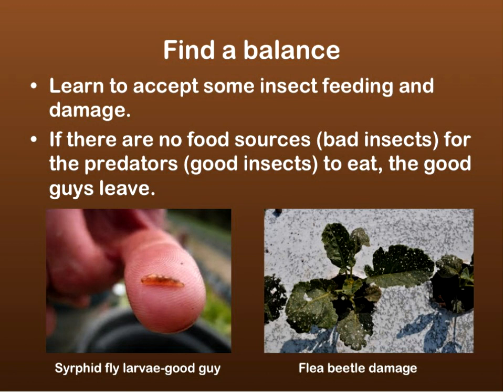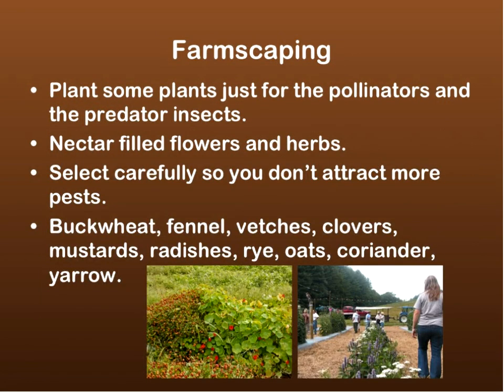So we need to have a balance of the good and the bad guys out there. And that takes a little getting used to, learning how much damage you can sustain without damaging your crop. Flea beetles on some crops, on some of my brassicas, I can handle it. With eggplants, I now know that I have to use a row cover or they'll do so much damage that I lose the crop.